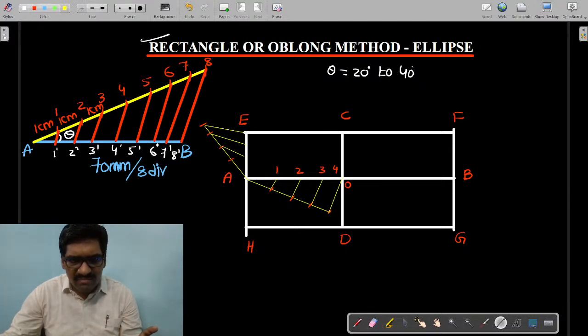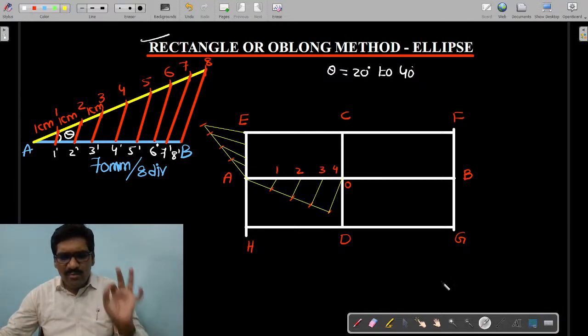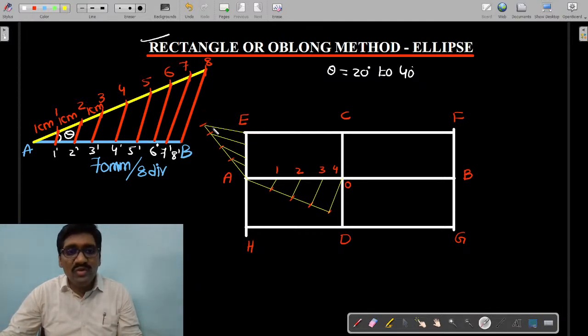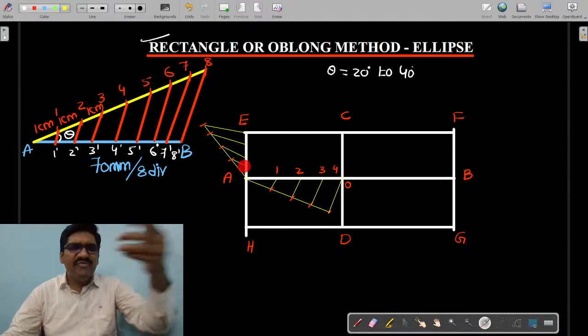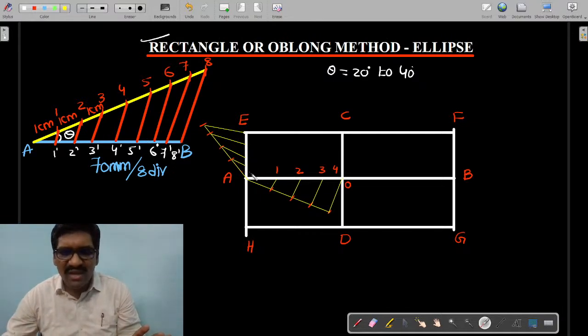Draw a line parallel. For this line, this is the end point. For this one, this is the end point. You have to join these 2 endpoints. And what is the angle here? Less than 40, more than 20, you can take any angle. And for this one also, the angle has to be definitely 20.